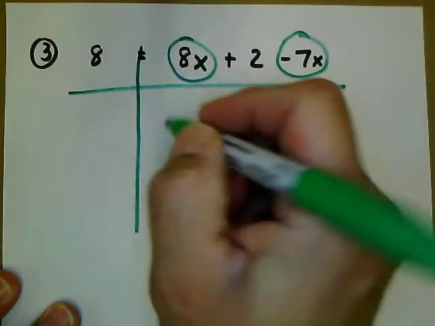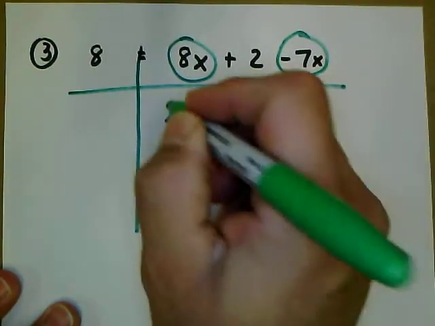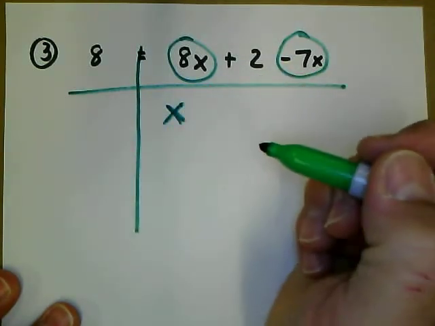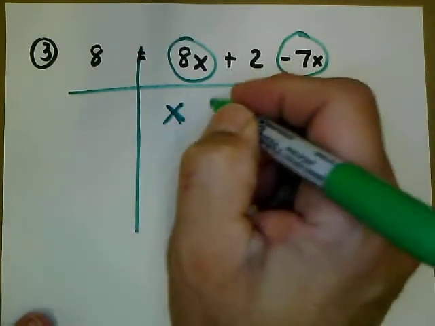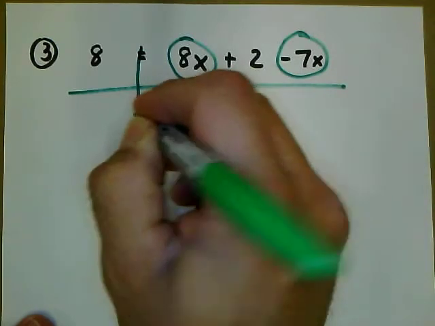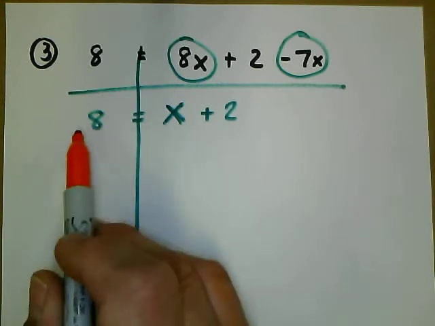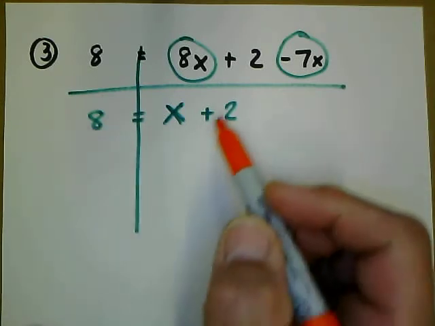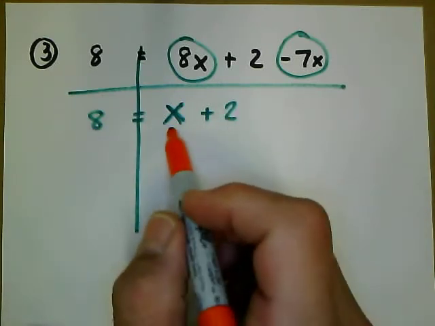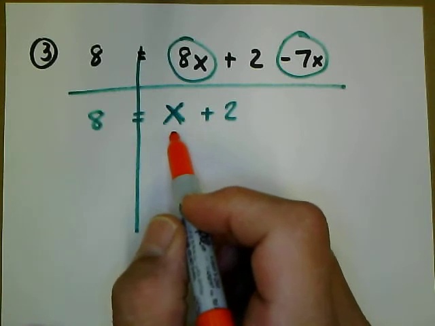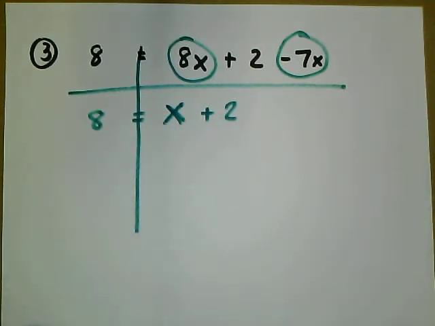So 8 minus 7 is 1x, or I could just leave it as x, and I'll tell you why in a second. Bring down the 2, the equals, and the 8. And here's why I'm just going to leave it an x. You can put a 1 there, and later on you can divide by 1. I don't care. But if I do it this way, is there an extra variable? No. Is there anything added or subtracted to the x? Plus 2.